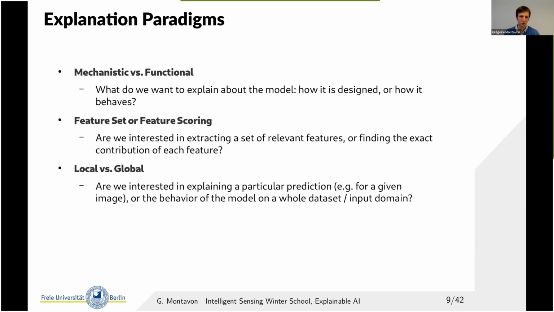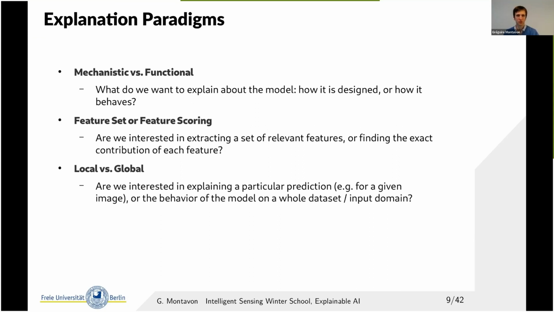In the case of mechanistic explanation, we would like to understand how the neural network produces the decision at the neuron level, so basically understanding the internals of the decision process. While functional explanation is rather interested simply in explaining the input-output behavior of the model.